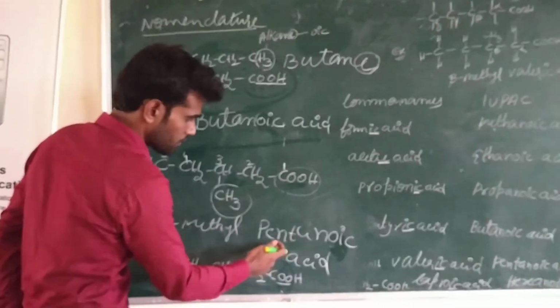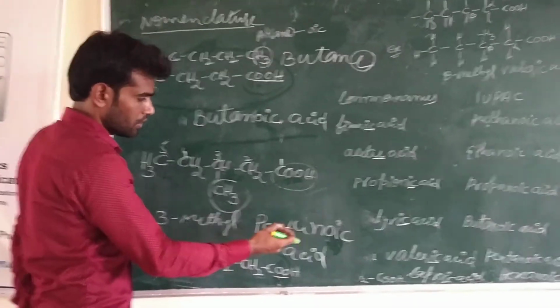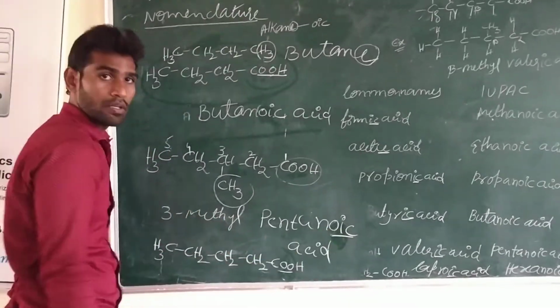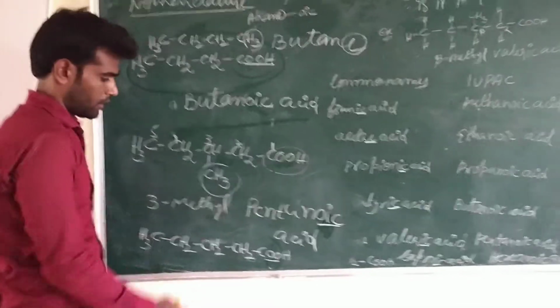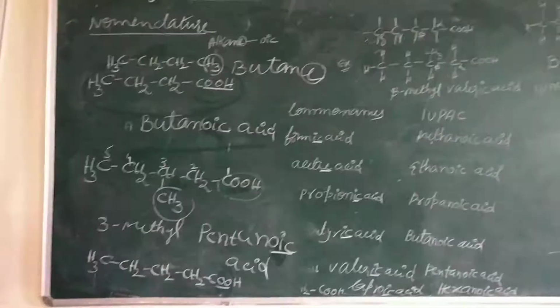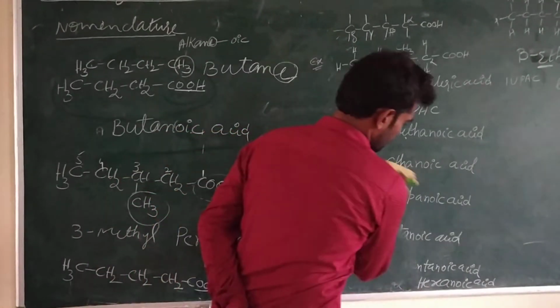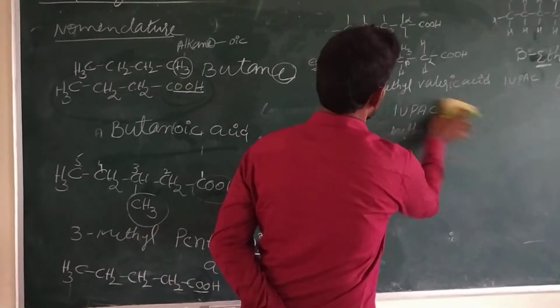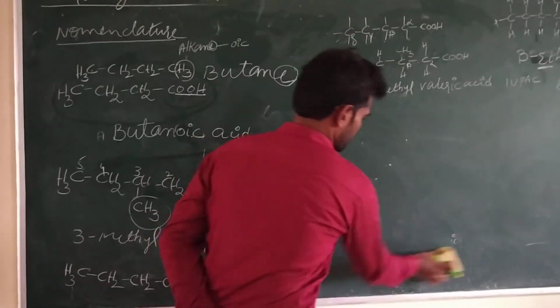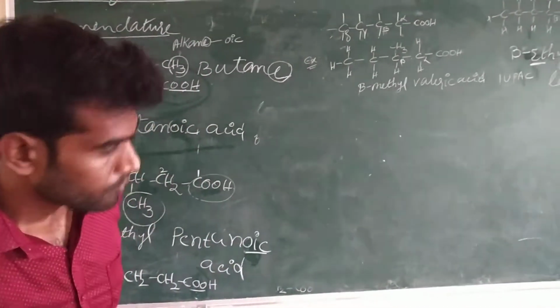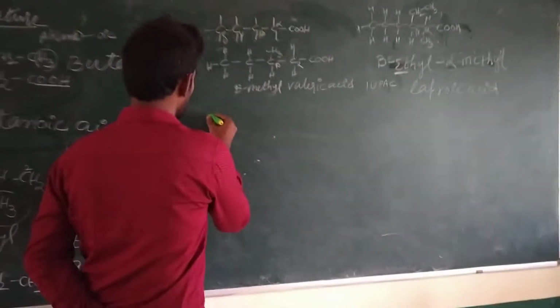So that E is replaced by OIC. It is pentanoic acid. One more example.